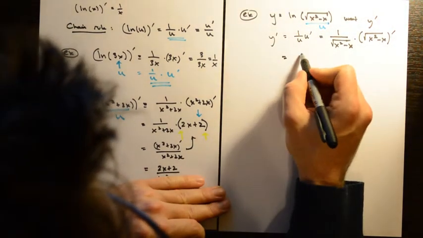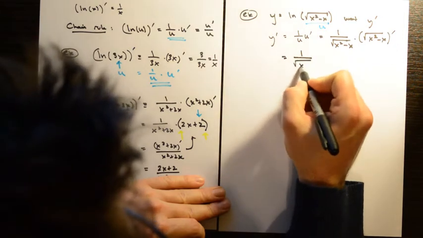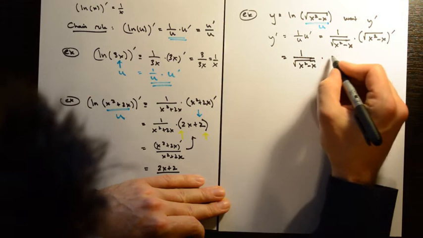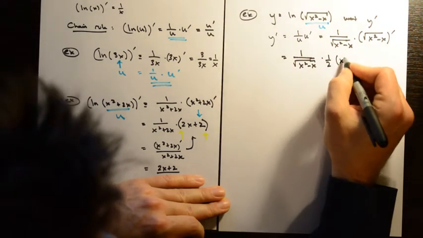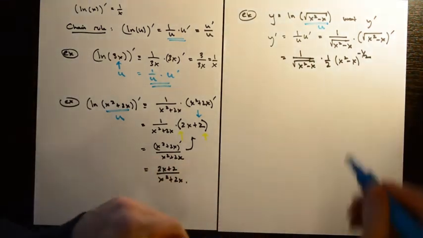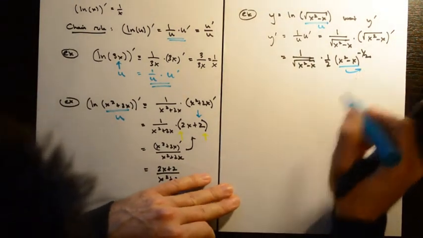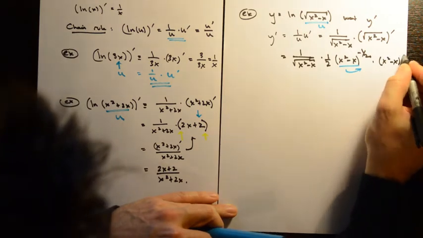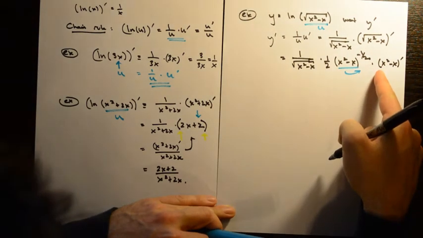So we have here 1 over the square root of x squared minus x times the derivative of this term, 1/2 times x squared minus x to the minus 1/2, and then by the chain rule times the derivative of the inside function x squared minus x.